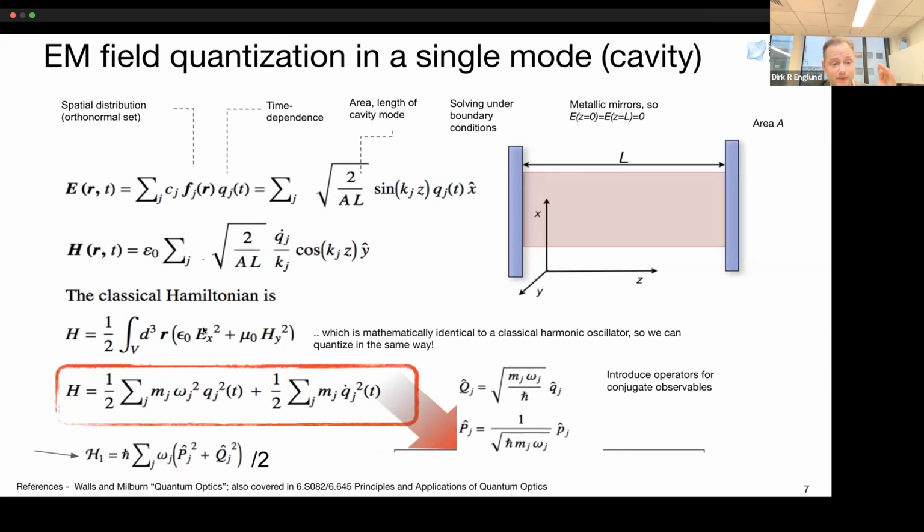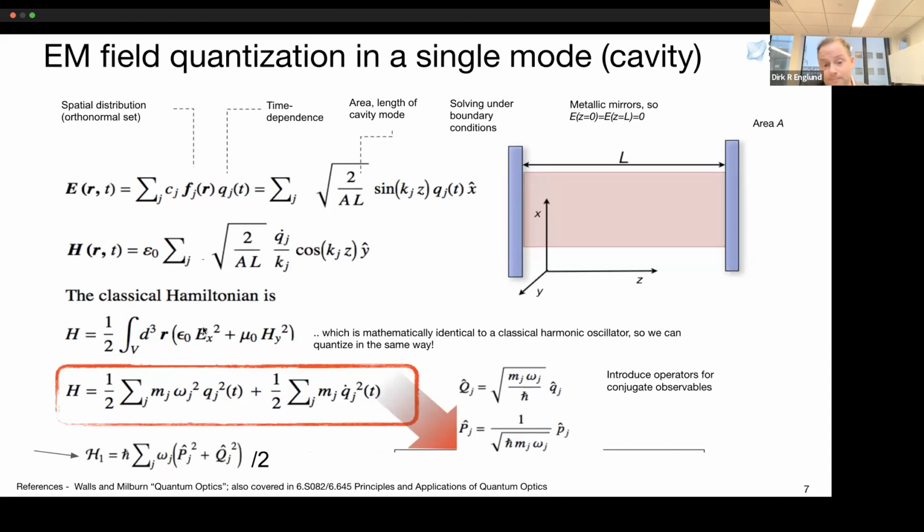Because that has a potential. There, the energy is equal to the potential energy stored, which is 1/2 k q squared, and the kinetic energy, which is 1/2 times m times q dot squared.